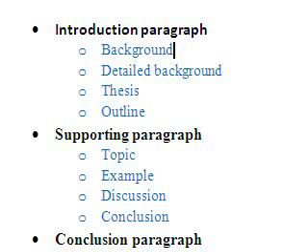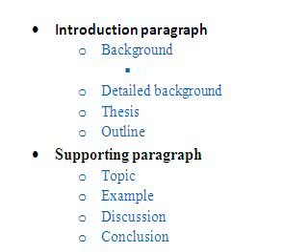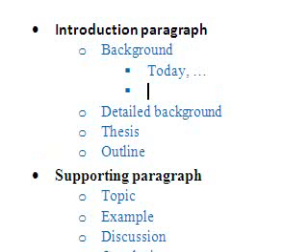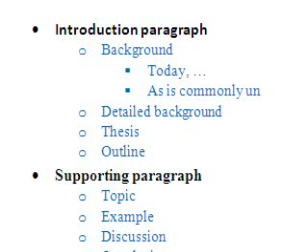So the background, we might start with some phrases such as today. And then we would go on from there. So today such and such is happening and this is a big problem, or today such and such is happening and this is a trend, or whatever. Or perhaps we might start with as is commonly understood.